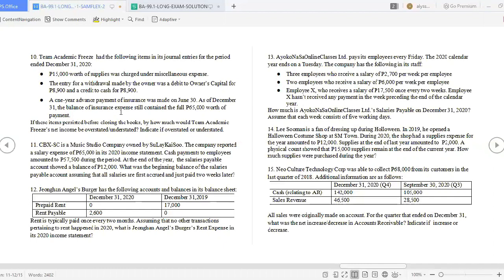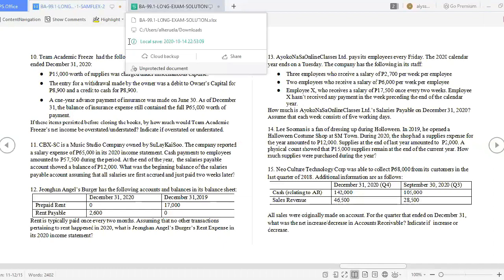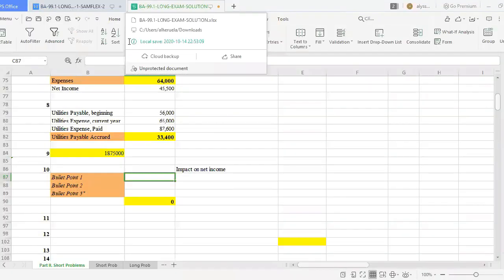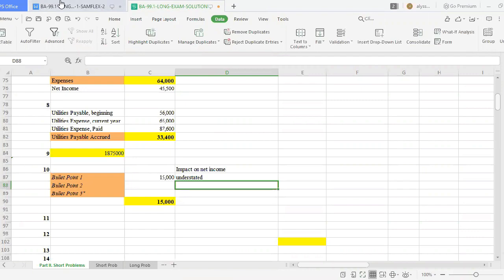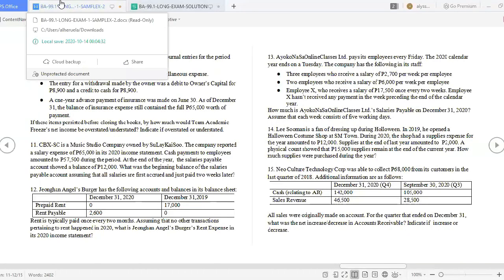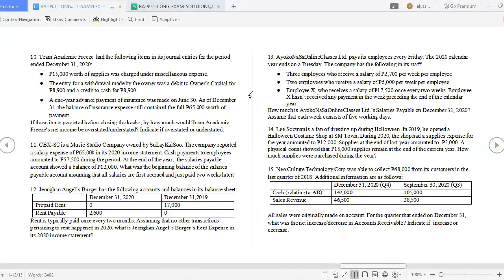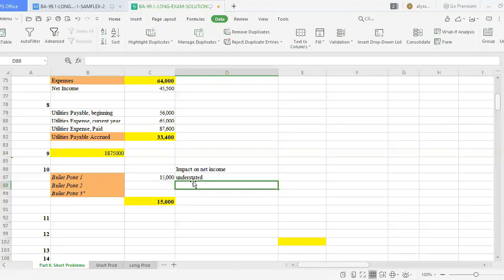So if the expense is overstated, then our net income is understated. So understated by 15,000. Next, bullet point 2. The entry for a withdrawal by the owner was debit to owner's capital, 8,000 and credit to cash, which is true. So no effect.